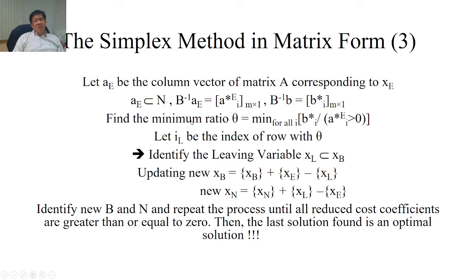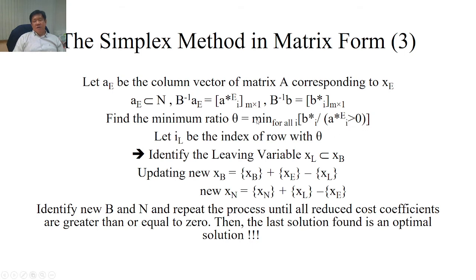So once you find this, if there exists an i such that a star sub e,i is greater than 0, you pick the minimum one. And as you might recall, we are doing this just to guarantee that the new extreme point, or the new x sub B, will always be nonnegative. That means that B inverse b is always greater than or equal to 0.